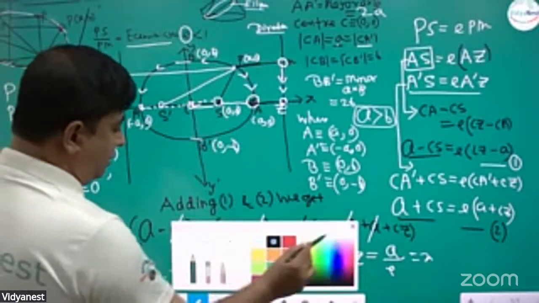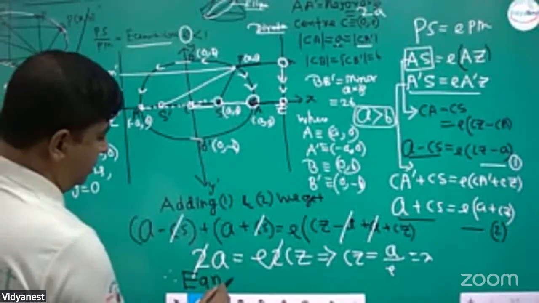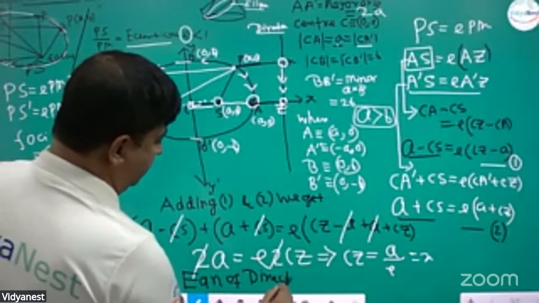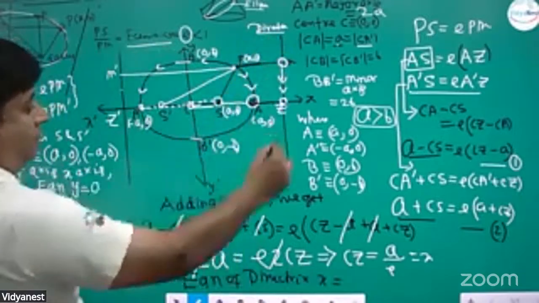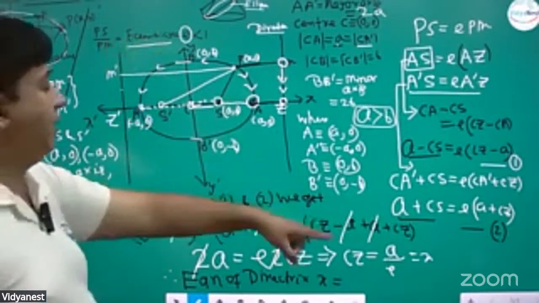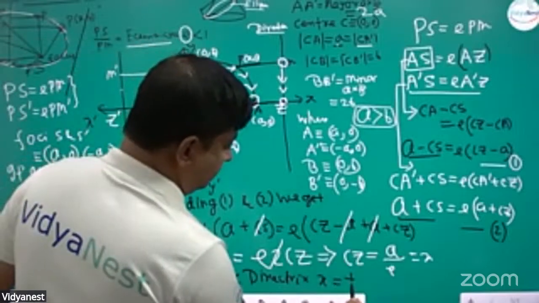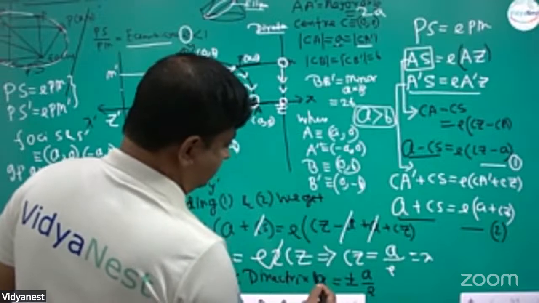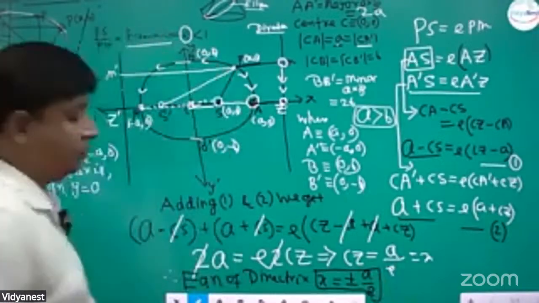equation of directrix is, for the right hand side of the y-axis, a by e, for the left hand side, minus a by e. Okay.